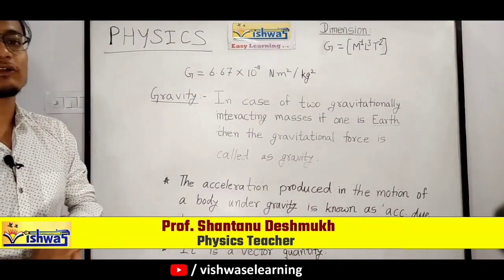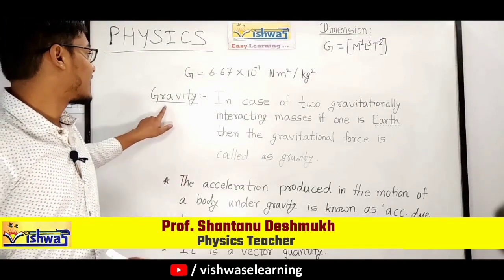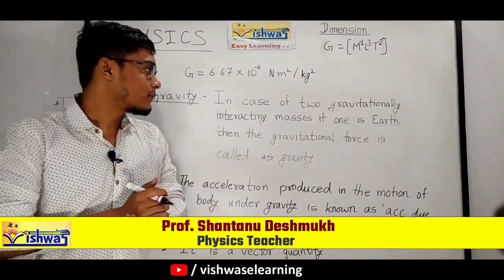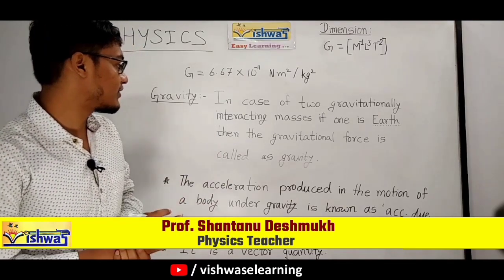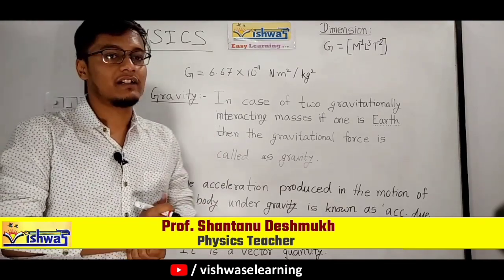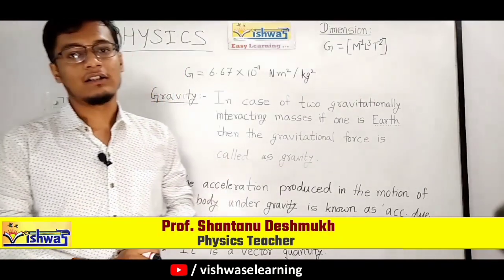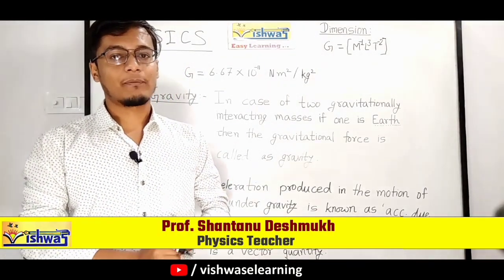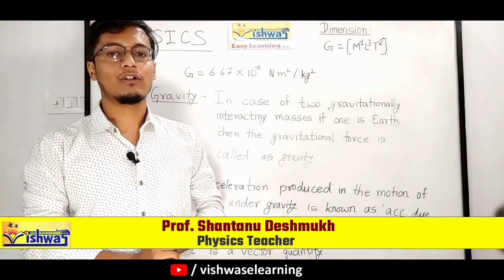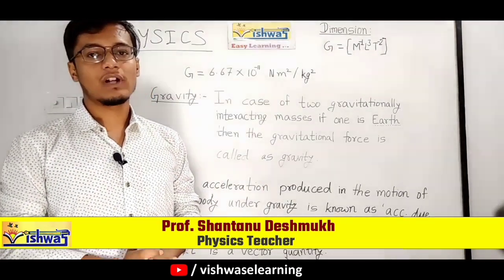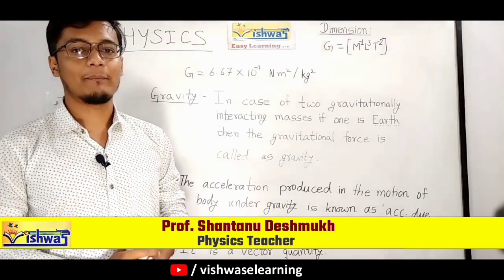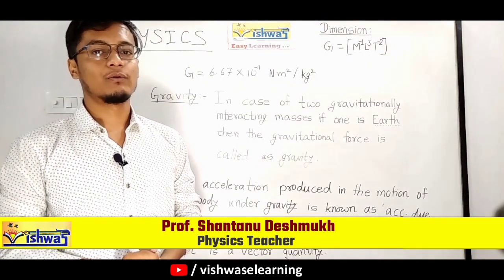Now we will see the next topic of gravitation, that is gravity. In the case of two gravitationally interacting masses, if one is the earth, then the gravitational force is called gravity. We are attracted towards the surface of the earth, but actually we are attracted towards the center of the earth, and this happens because of acceleration due to gravity.